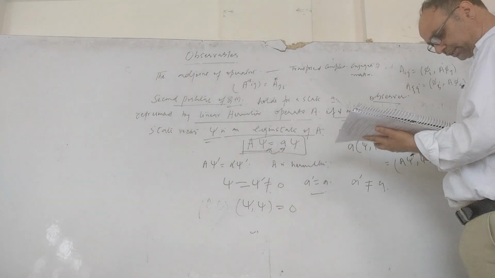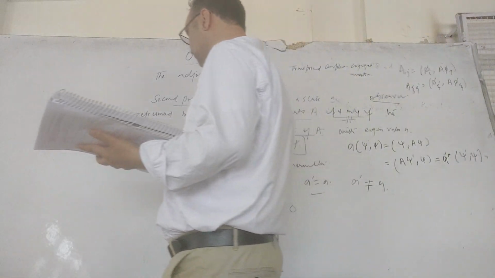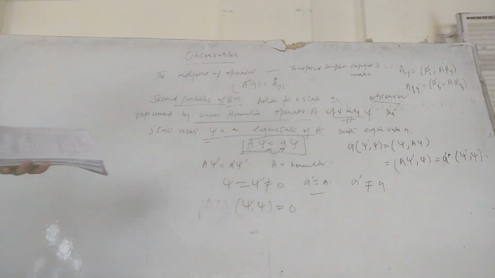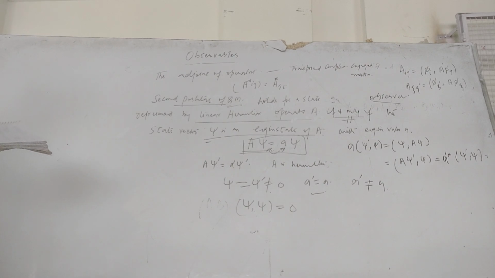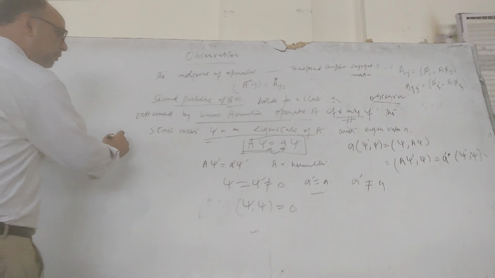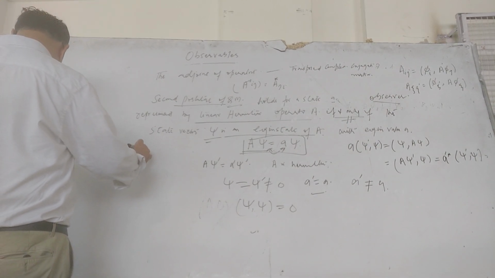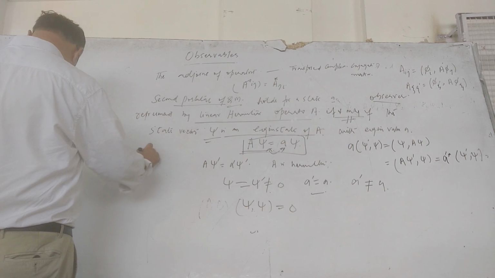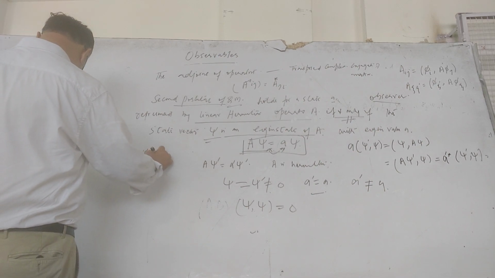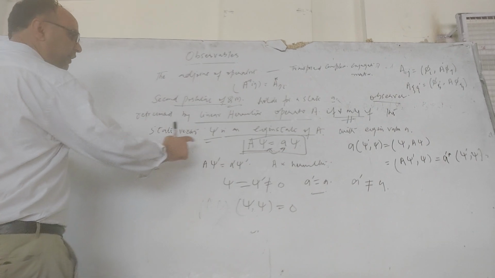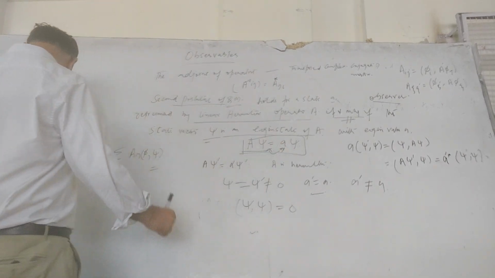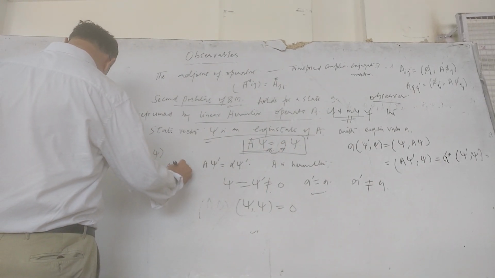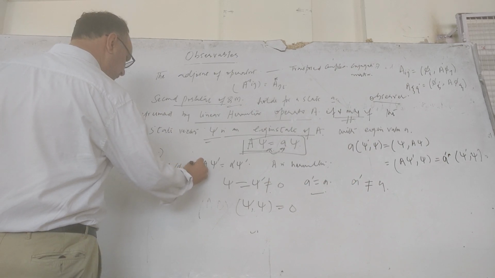Now we translate it into this form: the sum over j of a_ij times phi_j psi is equal to a times phi_i psi.